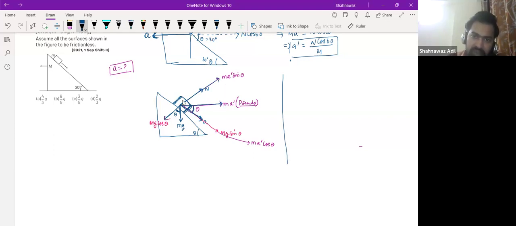If we write the vertical part, what do we have? We have N plus ma prime sine theta equal to mg cos theta, and these are small m.